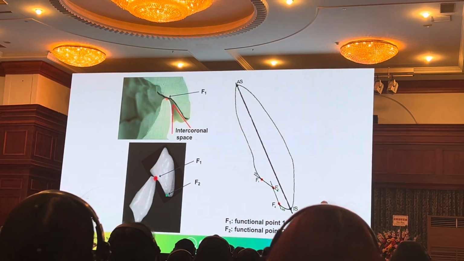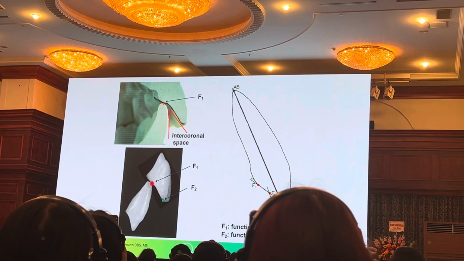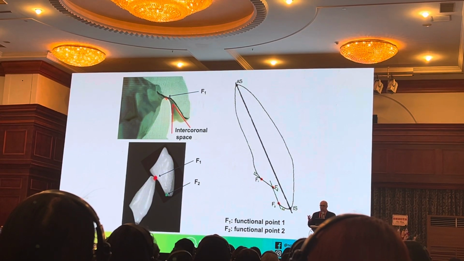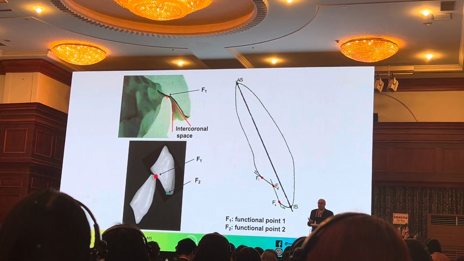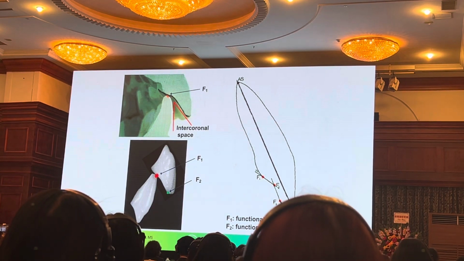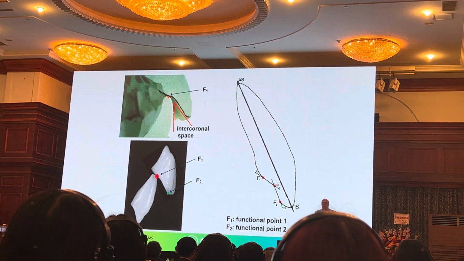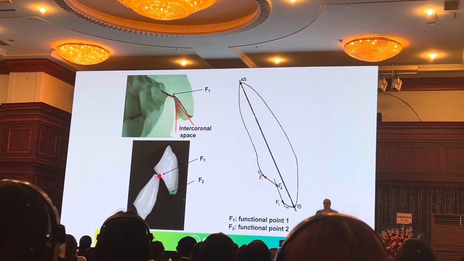Not only the molar. If we don't have intercoronal space between upper and lower, if we don't have a good pathway for the incisors to work, the mandible will also be blocked. So if I have a very retroclined incisor or a very over-erupted upper incisor, it causes a fencing on the mandible, and the mandible is not capable of adapting anteriorly.